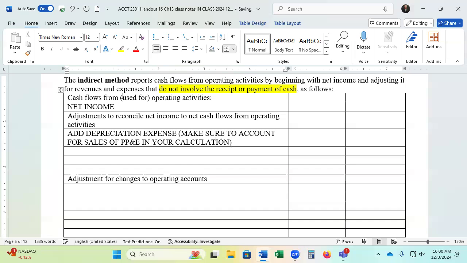If there are sales of PP&E, make sure you use that to help you figure out what your depreciation expense was if it's not given to you.